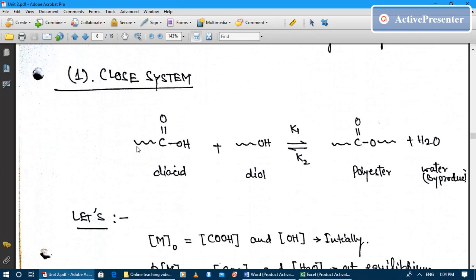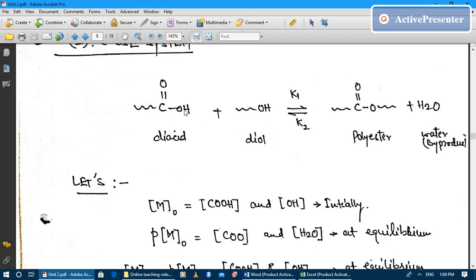We will take the example of polyester, diacid and diol. They are reacting together to form polyester and water as a byproduct. Although there are many steps involved in this polymerization reaction, we will not consider the intermediate steps.